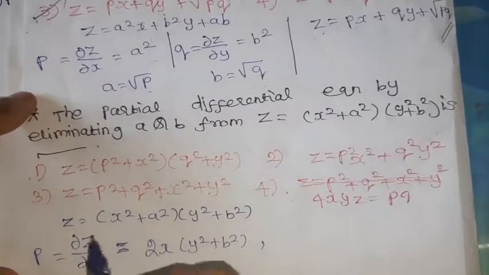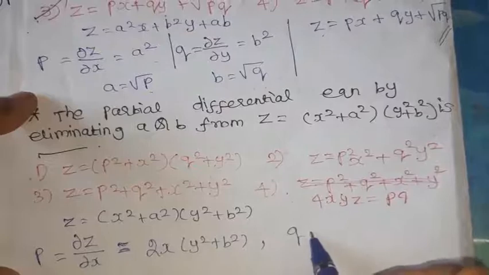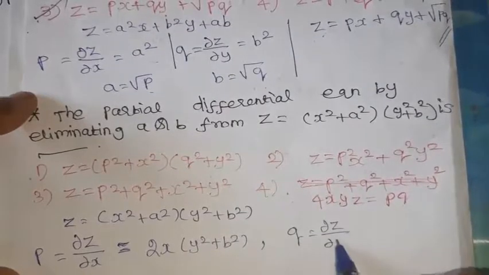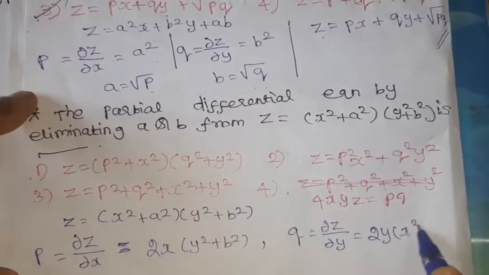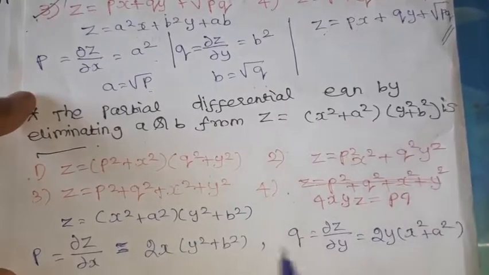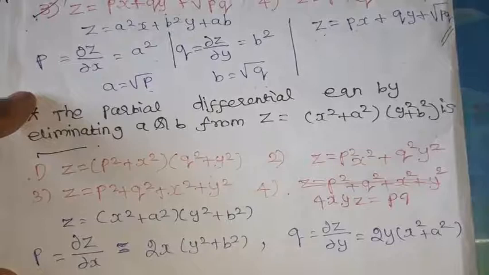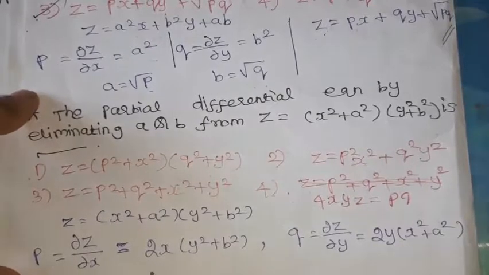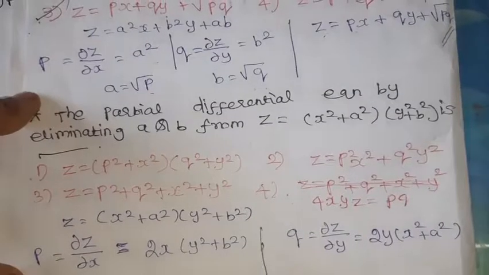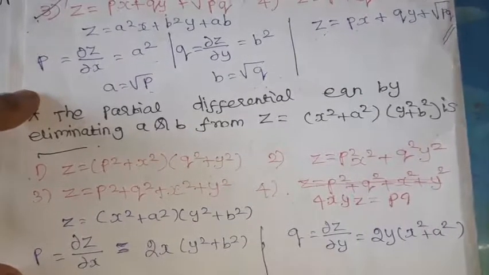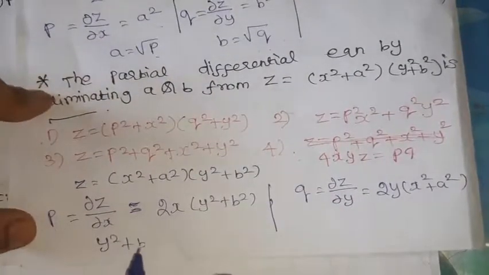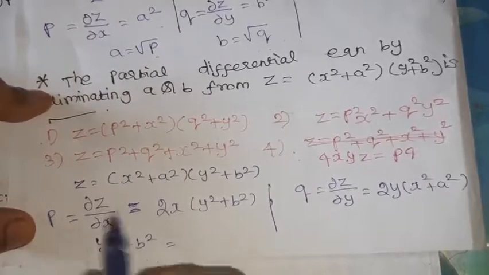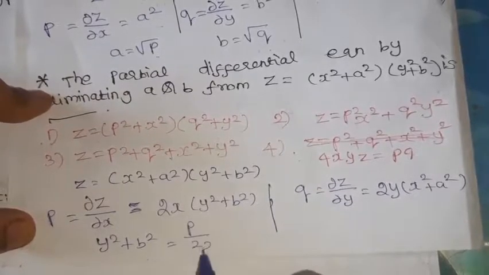Again differentiating this equation with respect to y, q equal to dou z by dou y equal to 2y into this term, x square plus a square. So what are p and q? y square plus b square is nothing but p by 2x, this goes to the denominator.